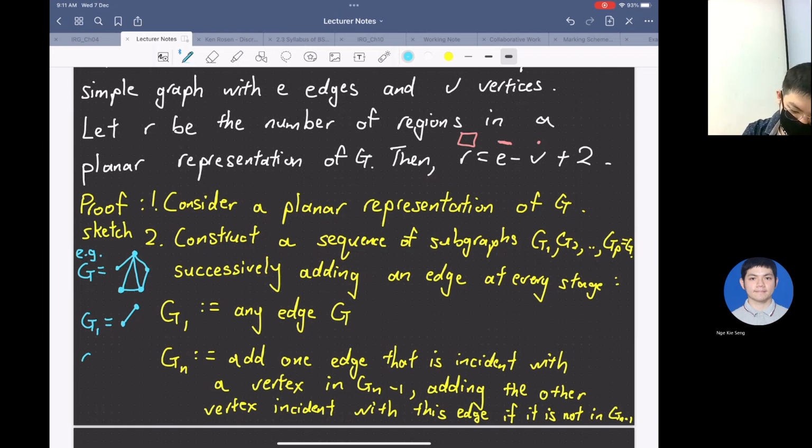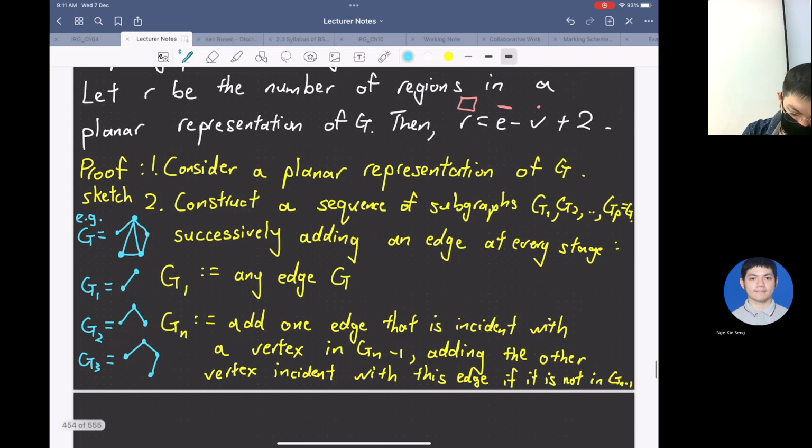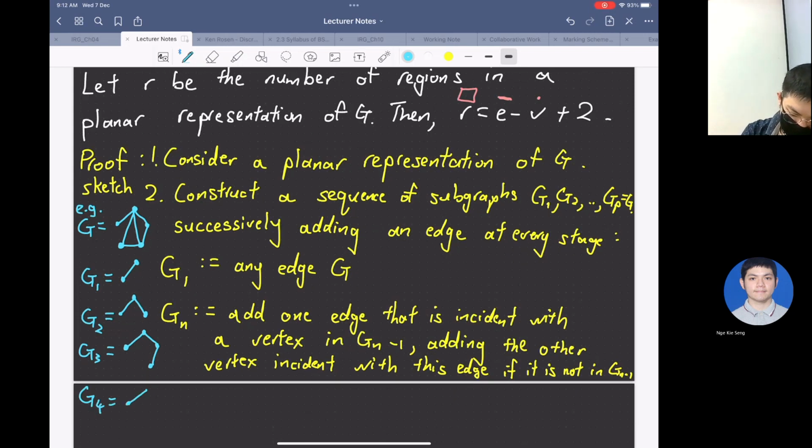And then G2, this one plus another edge, but this point is not in the previous graph, so you add it. And then G3, you can do this, and G4, you can add the edge without adding a new vertex, and then you keep going. Then you produce a sequence of subgraphs, and in the end you will get back your G.